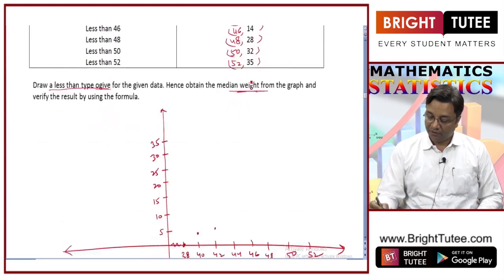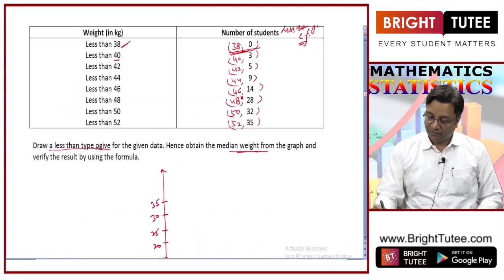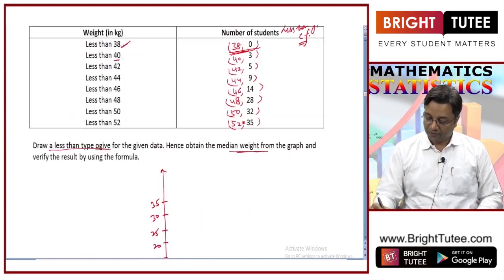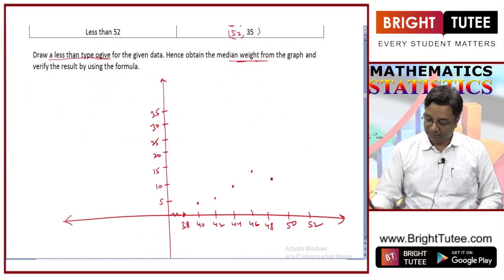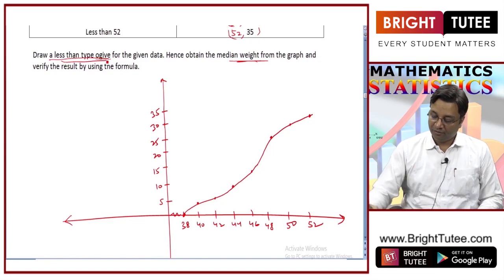Here. 44, 9. 46, 14. 48, 28. 50, 32. 52, 35. And then the smooth curve. So this is the less than type ogive here.